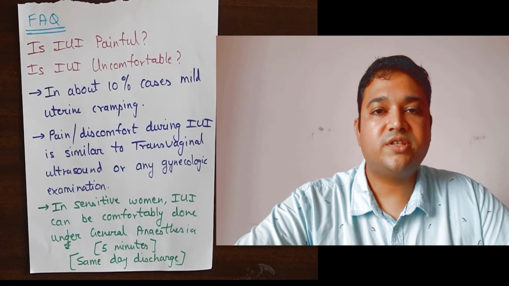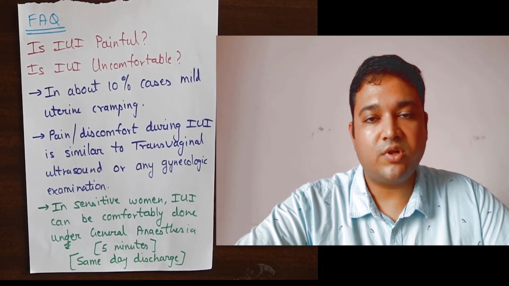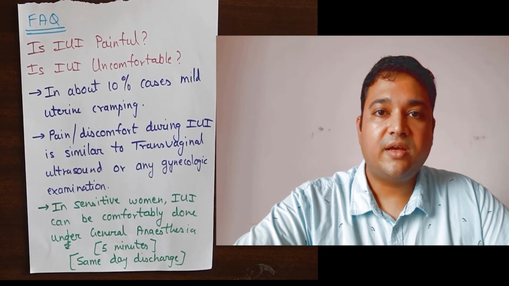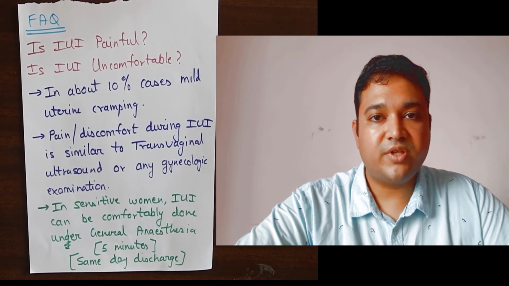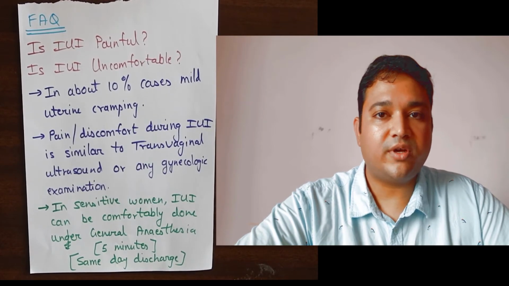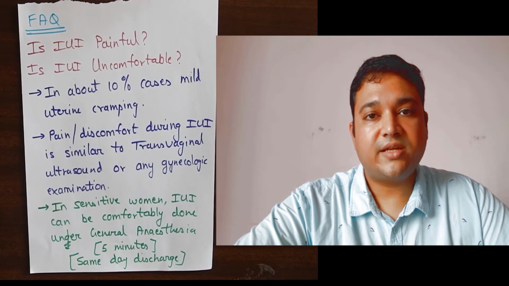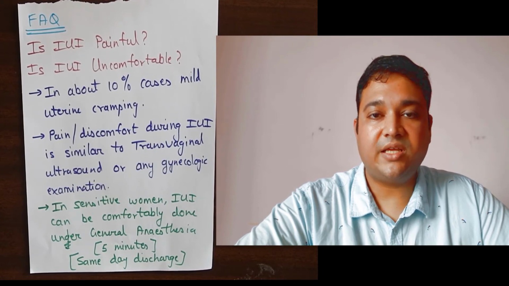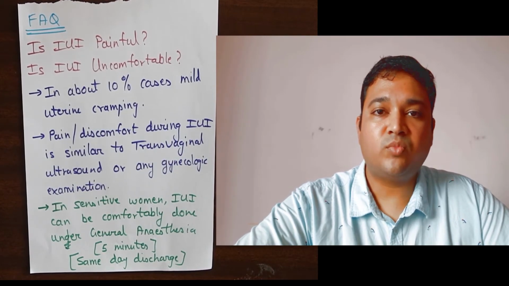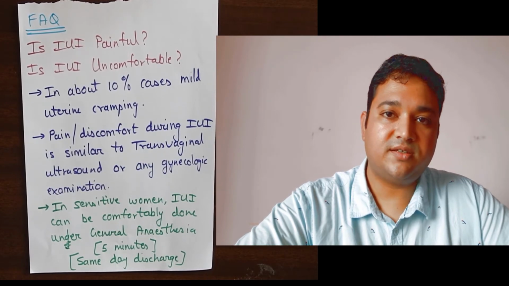This sort of general anesthesia which is given to IUI patients is an ultra short acting anesthesia given using injection propofol and sevoflurane gas, and it just lasts for a few minutes so that the patient is very comfortable during the IUI process. Also, it is important for you to note that the anesthesia safety is very high and there is a very small chance of any untoward complication in this sort of anesthesia.